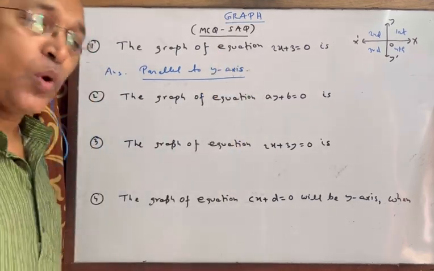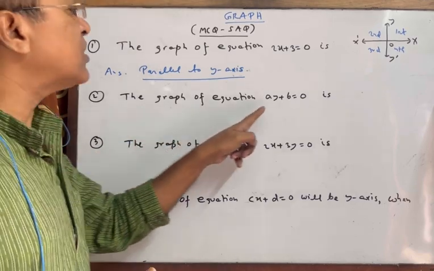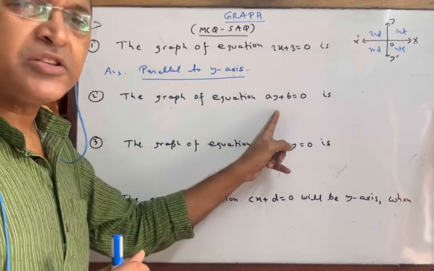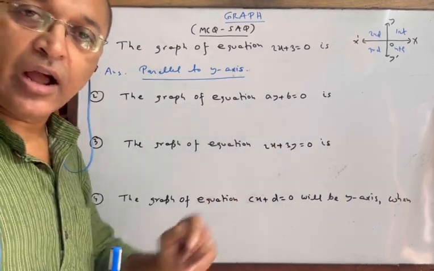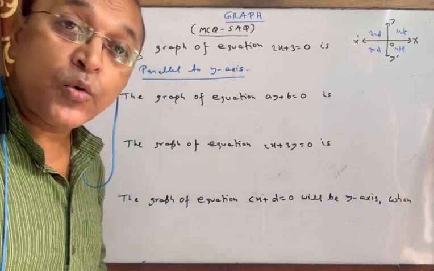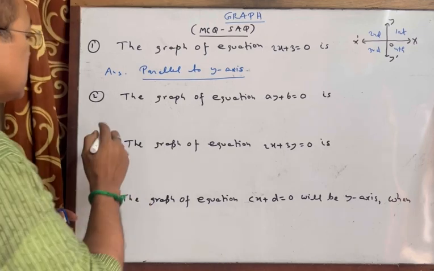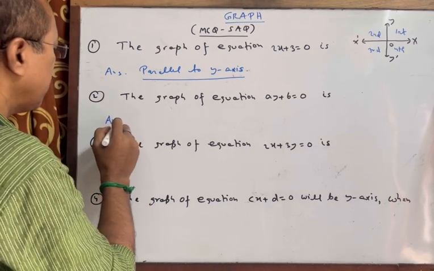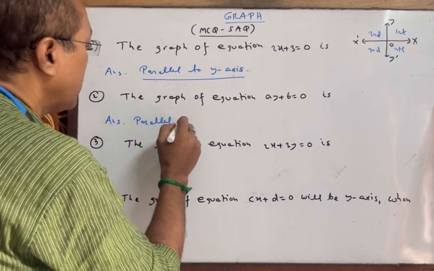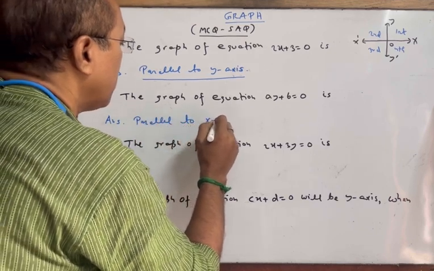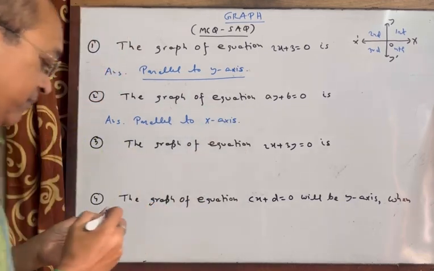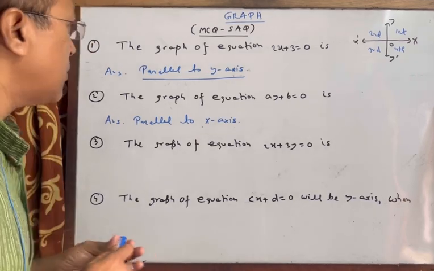Let's go for the next one. What is given? The graph of the equation ay plus b is equal to 0, meaning y is equal to certain values, isn't it? So the answer will be parallel to the x-axis, right?